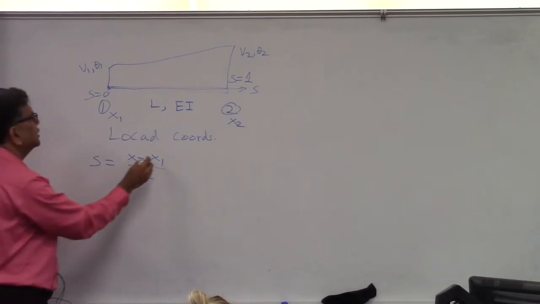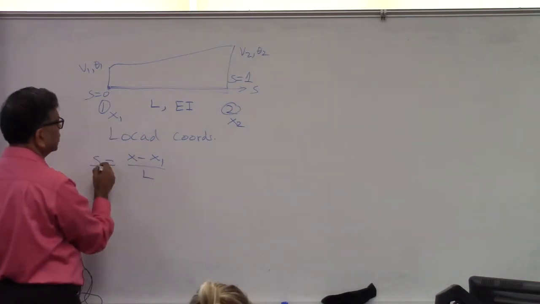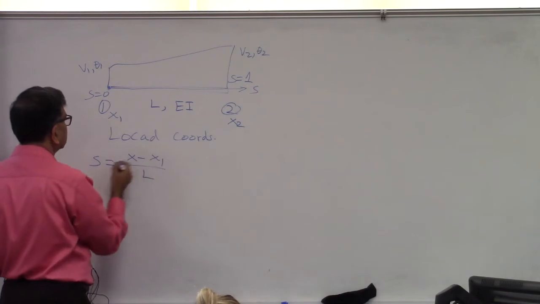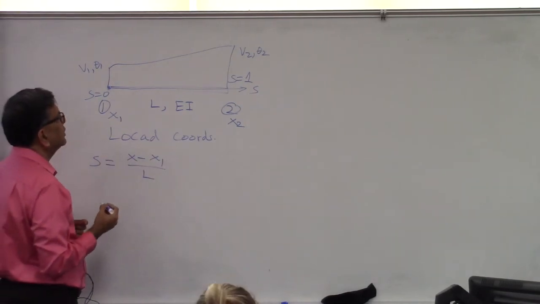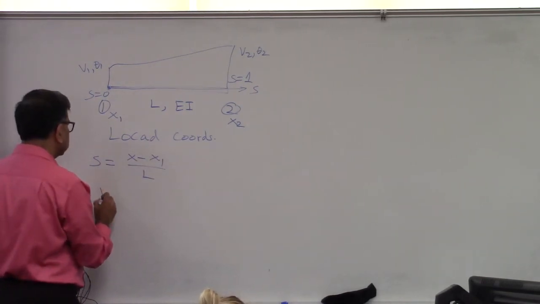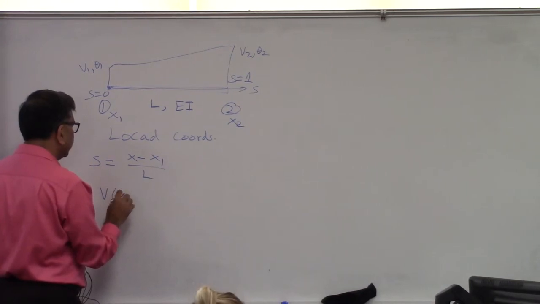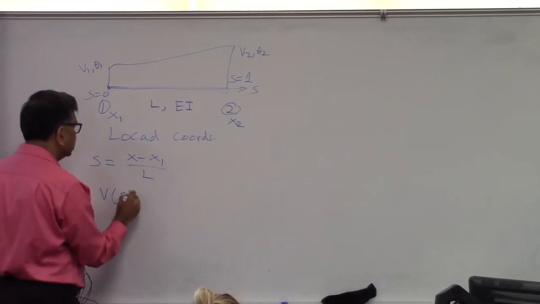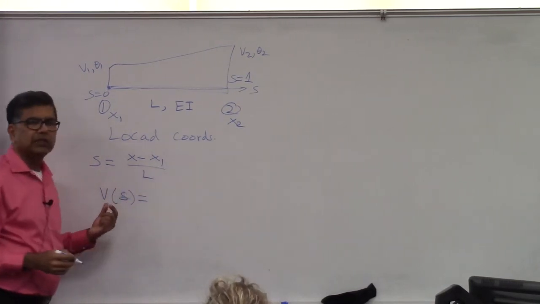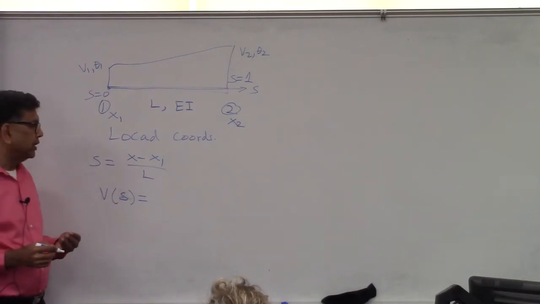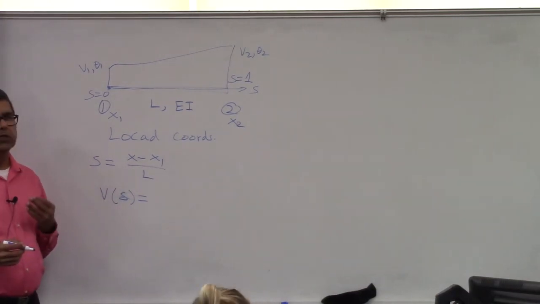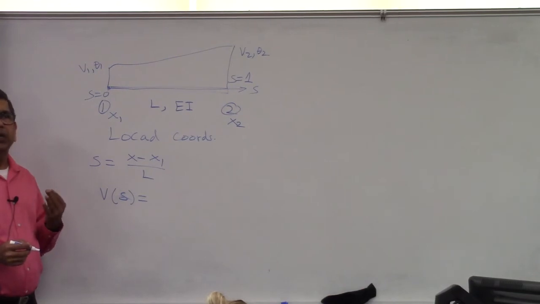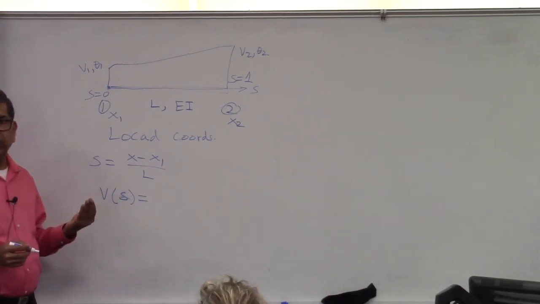If x is equal to x1, S is equal to 0, when x equal to x2, this will be equal to 1. So it's very simple. My question is, I want to interpolate the displacement v as a function of s. That's convenient. I want to use polynomials which are easy to integrate. There are a lot of formulas available in the computer.